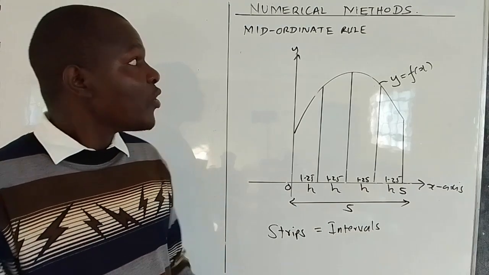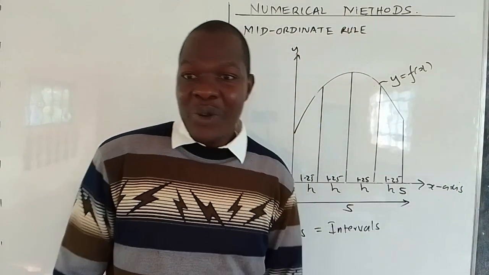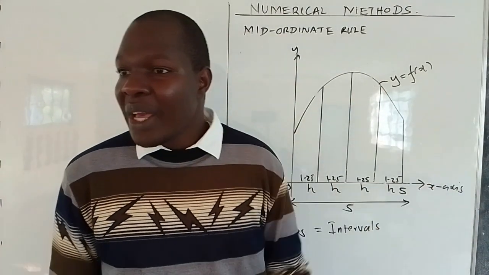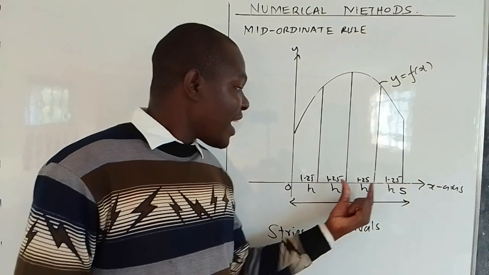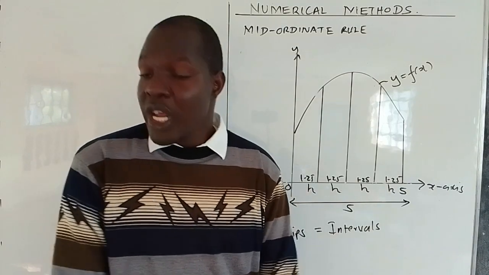So the first thing, before you go to the rule you want to use, whether you want to use the mid-ordinate rule, the trapezoidal rule, or the Simpson's rule, the first thing before you even talk about the rule is how to get the size of the intervals. Are you seeing that? That is before you go to any rule you want to use.